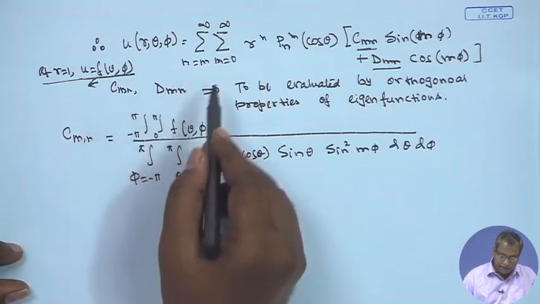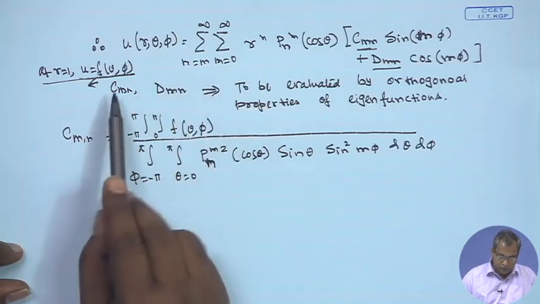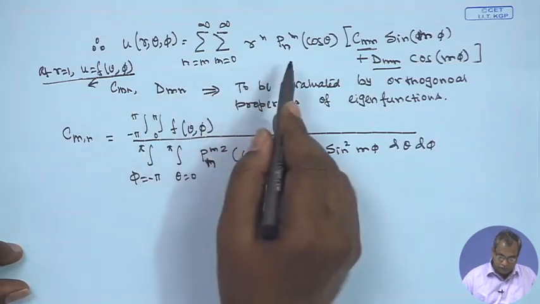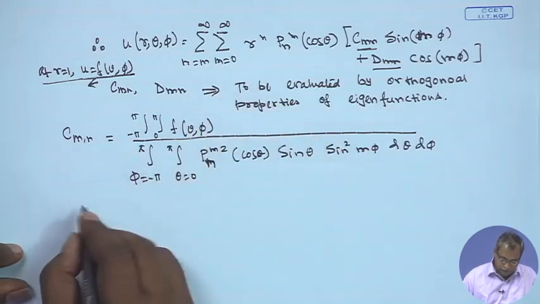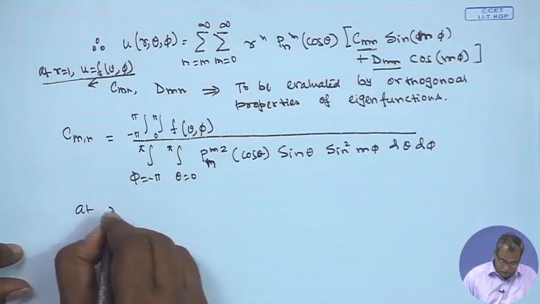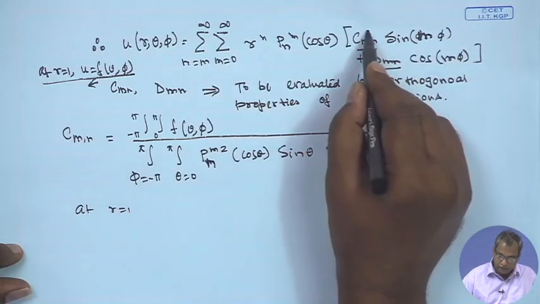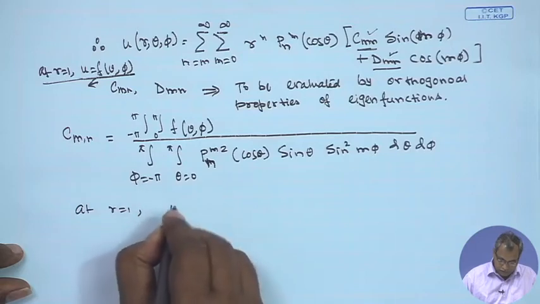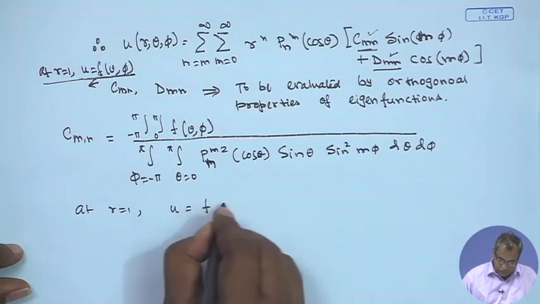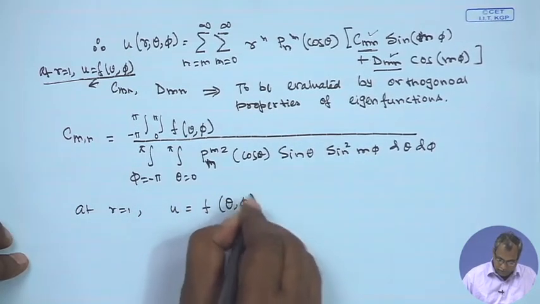So I omitted a step in between. So f of theta phi should be equal to this. So I will be evaluating the constants C m n and d m n by putting at r is equal to 1, u is equal to f of theta and phi in general.